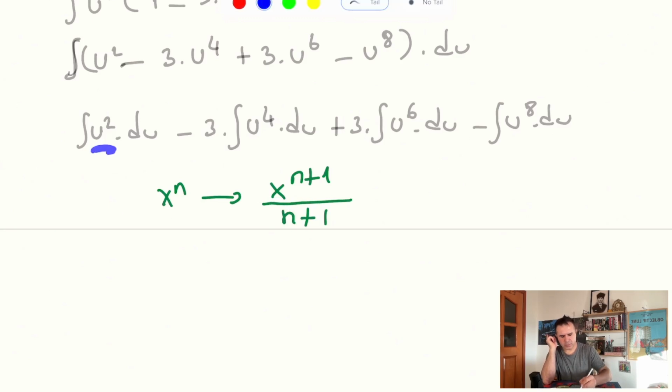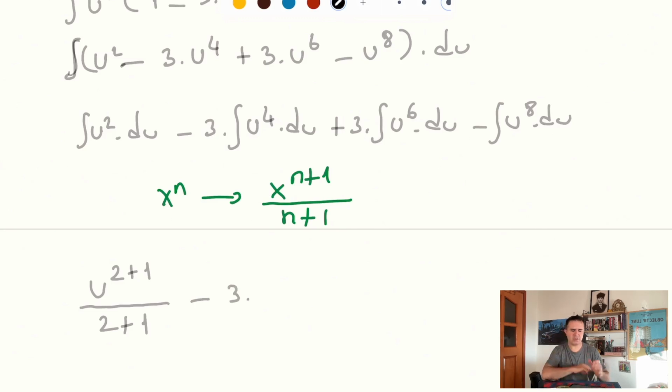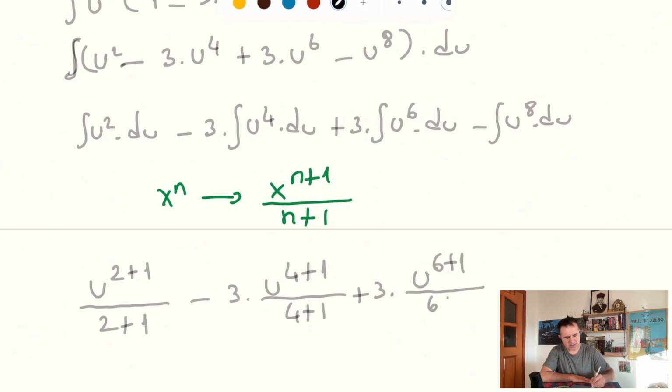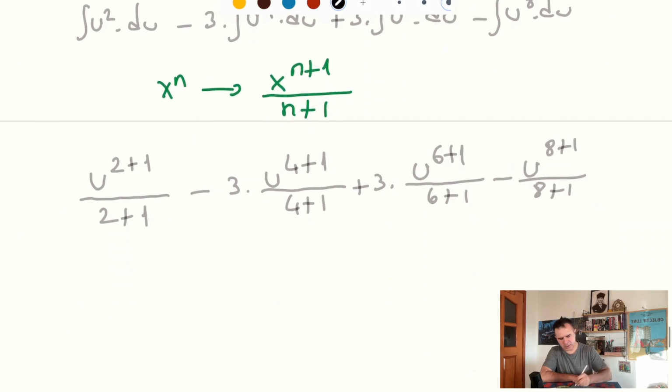So the integral of u² is u³ over 2 plus 1. Minus 3 times u⁴, we add 1 to the exponent and divide by the new exponent, plus 3 times u⁶ plus 1 over 6 plus 1, minus u⁸ plus 1 over 8 plus 1. Then the integral becomes 1 over 3 times u cubed.